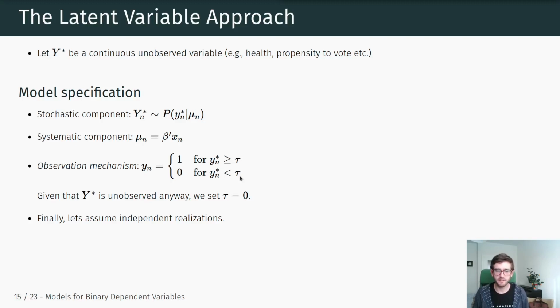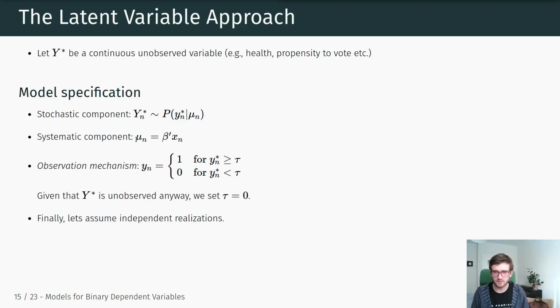And if it's smaller than that threshold tau, then the realized outcome that we see is a 0, right? But instead of directly modeling our observed outcome, what we do is we model our mu n, which is basically the expectation of our continuous latent variable. Okay.